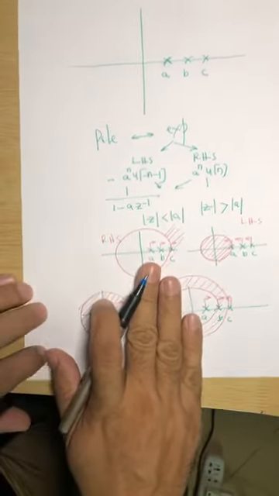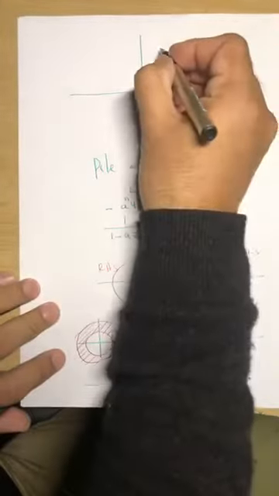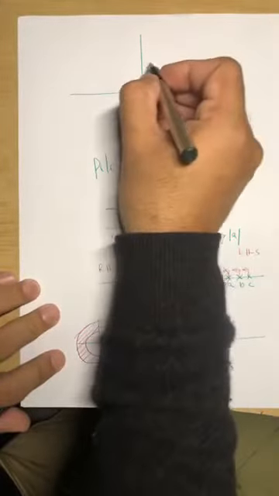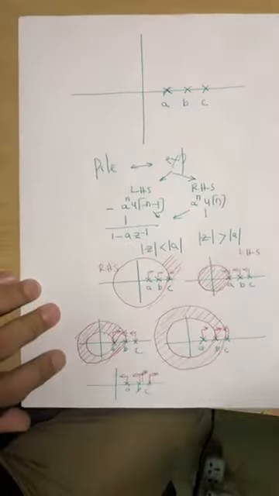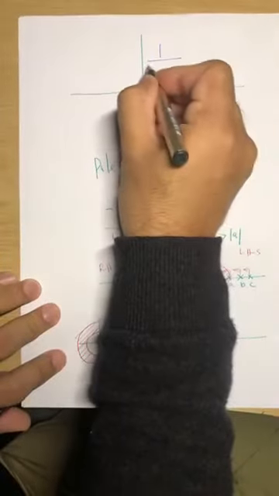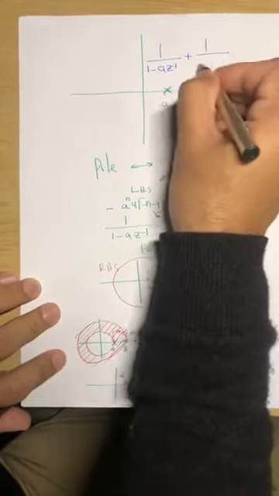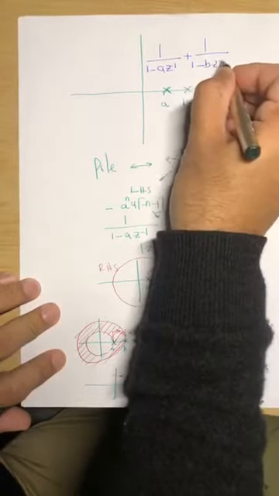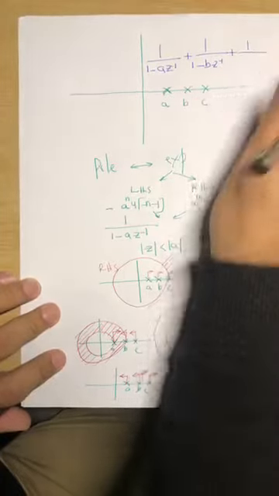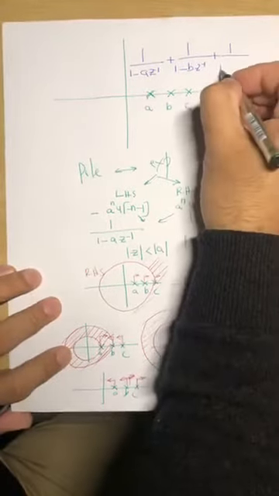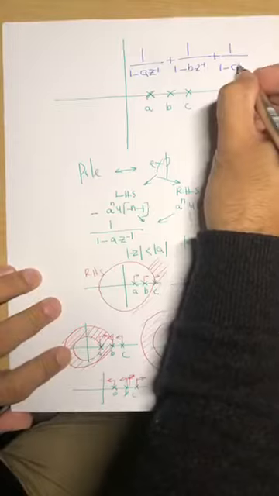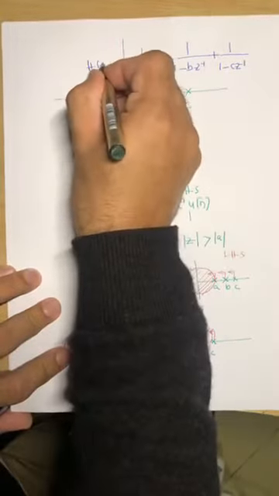So this particular question is one where the Z transform can be written as 1 over 1 minus A Z inverse plus 1 over 1 minus B Z inverse plus 1 over 1 minus C Z inverse.